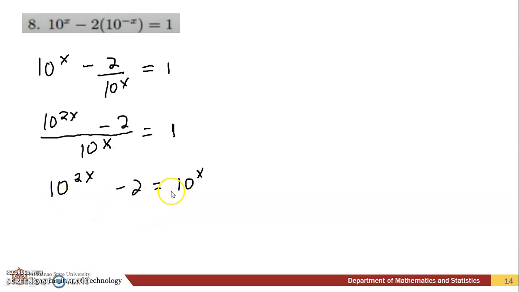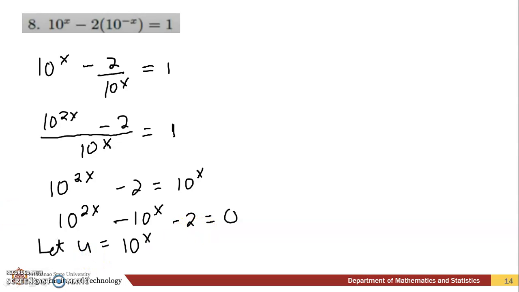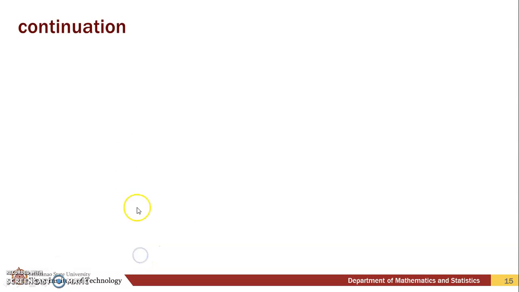This time, we can transpose 10 to the x on the other side to come up with 10 to the 2x minus 10 to the x minus 2 equals 0. Again, we can let u be equal to 10 to the x. So that we can rewrite it as u squared minus u minus 2 equals 0.